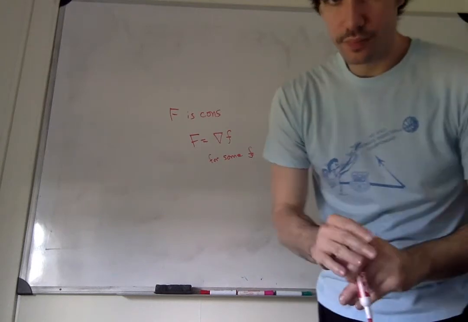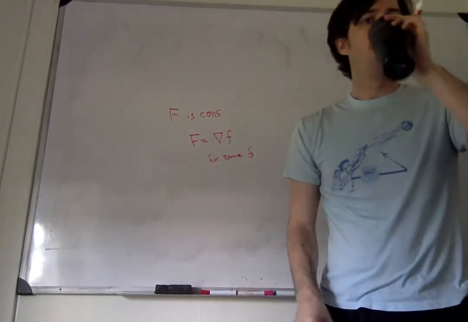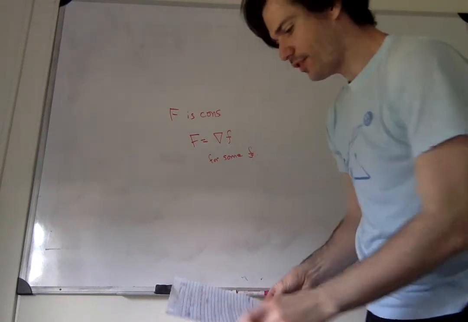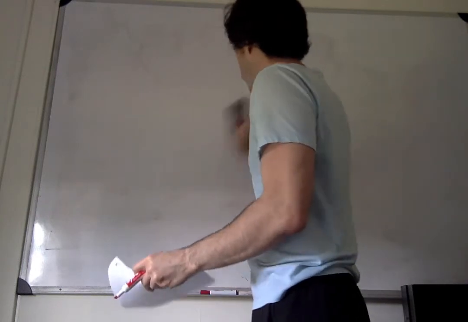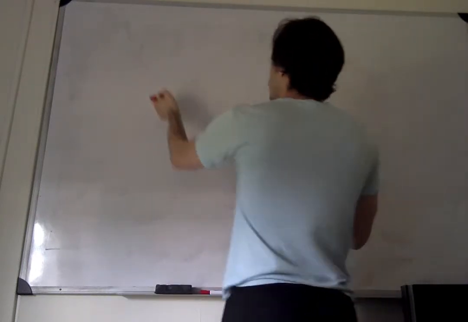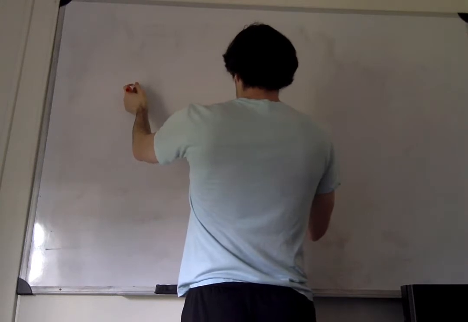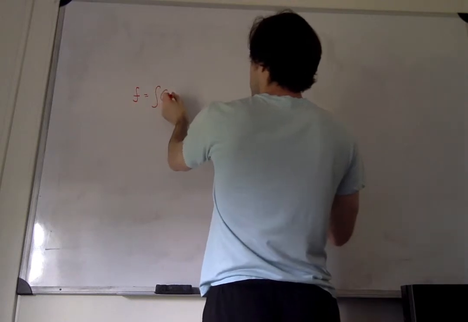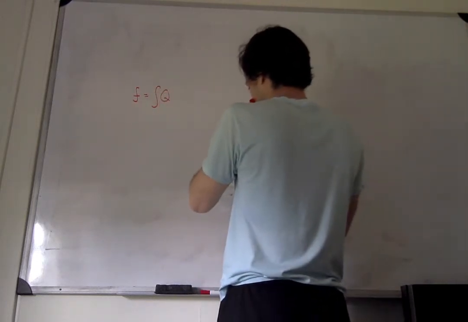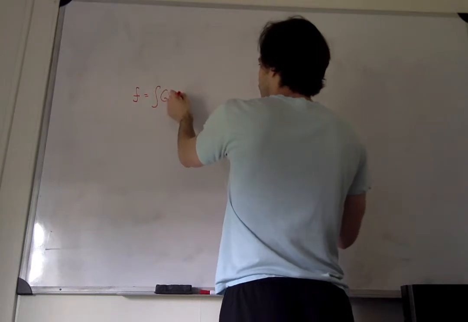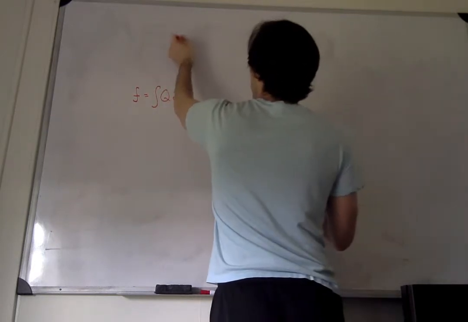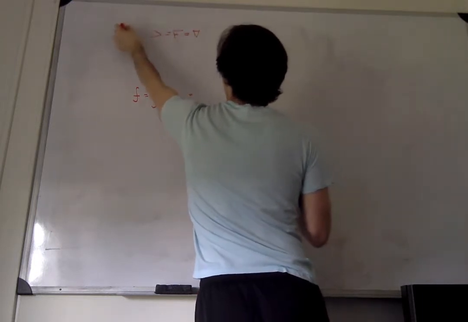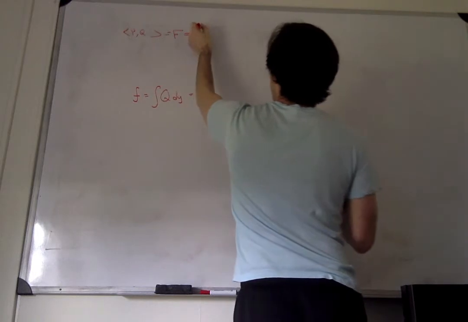Now we need to actually do it. Do what? Well, we gotta find what the little f is. We're going to take the second coordinate, and we're going to integrate that with respect to y.